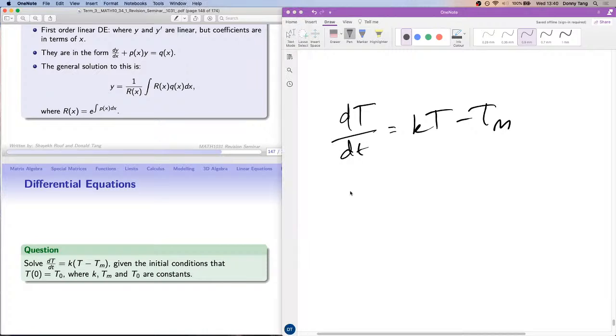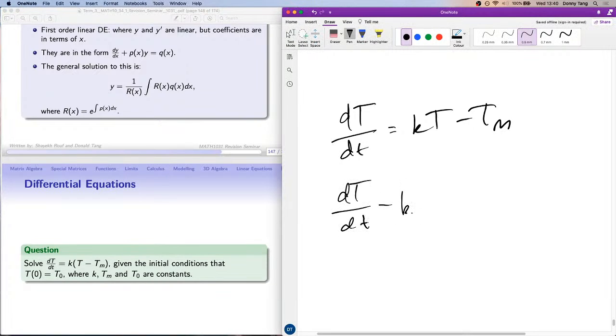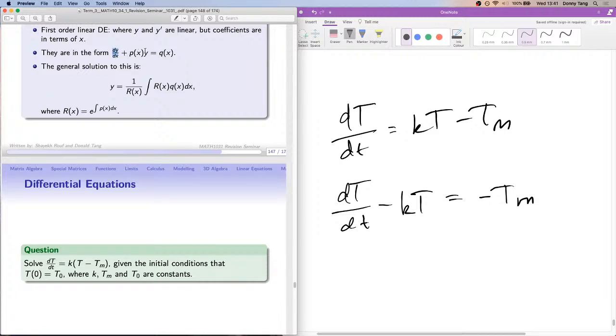We're going to move everything to one side, minus kT equals negative Tm, because this T is representative of the y. Then we take a look at p(x).